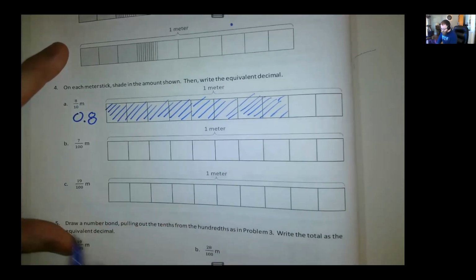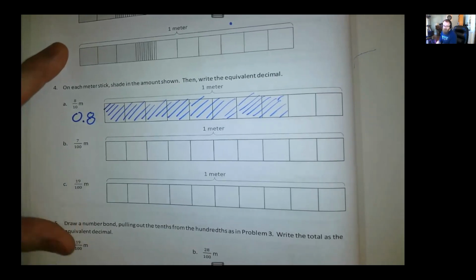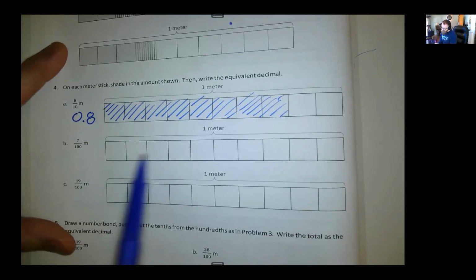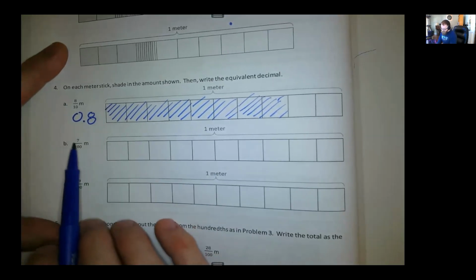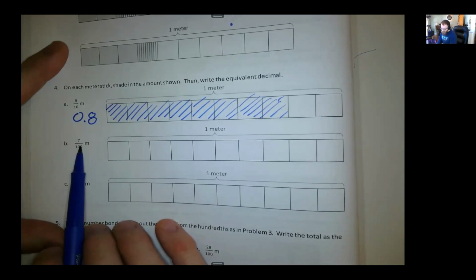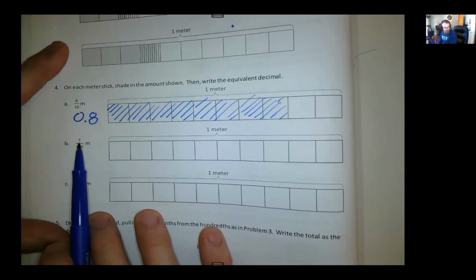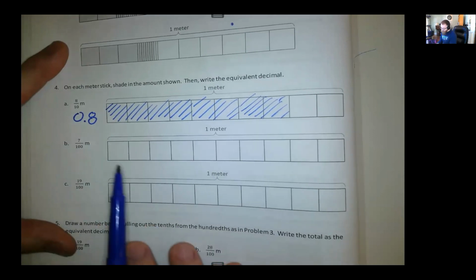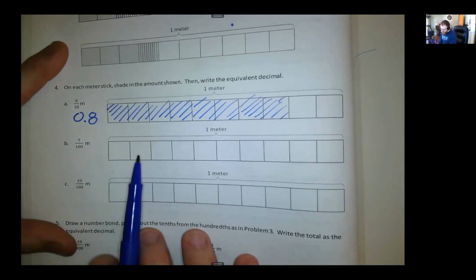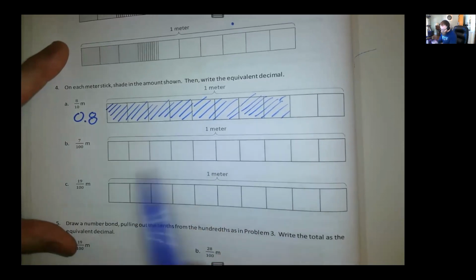7 100ths of a meter is the next section. This is going to look very different. Do not shade in 7 the way we just shaded in 8. 7 100ths is very different than 7/10. Remember, this is 8/10. This is 7 100ths. If we're shading in 7 100ths, remember that inside each 10th is 10 100ths.